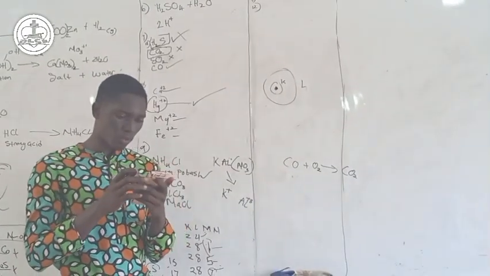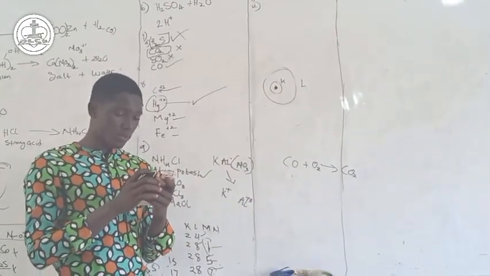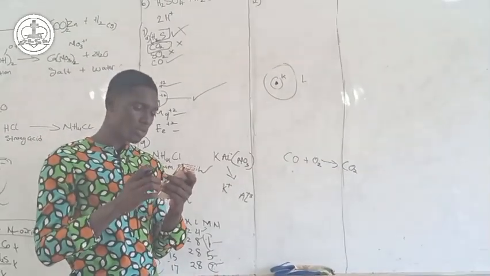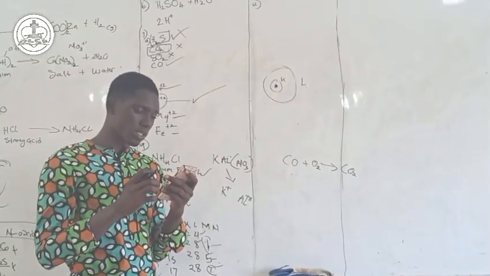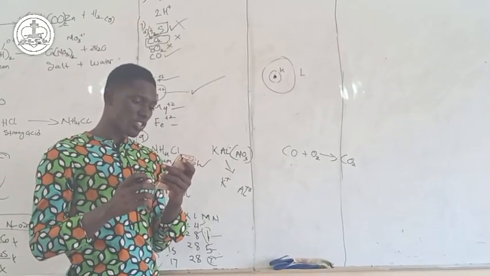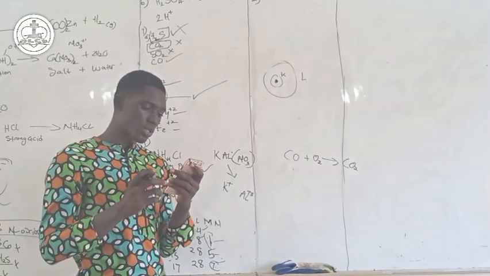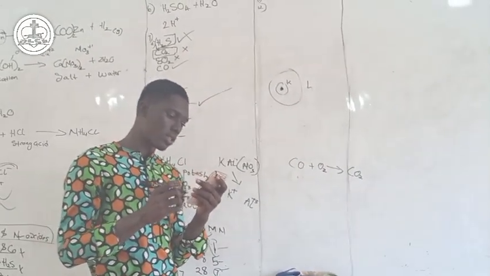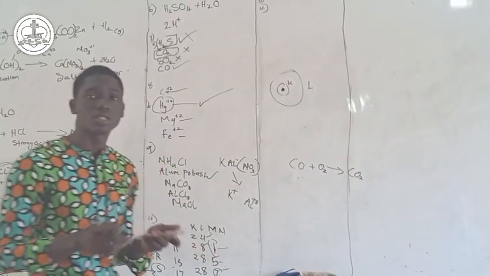Now question 14. It says the number of electrons in the outermost shell of the atom represents its A period, B number of shells, C group, D atomic number, and E electronegativity. The answer is C, the group.